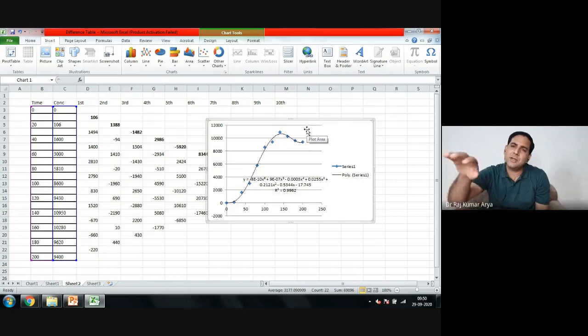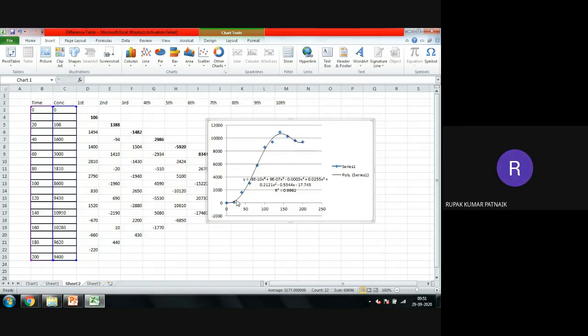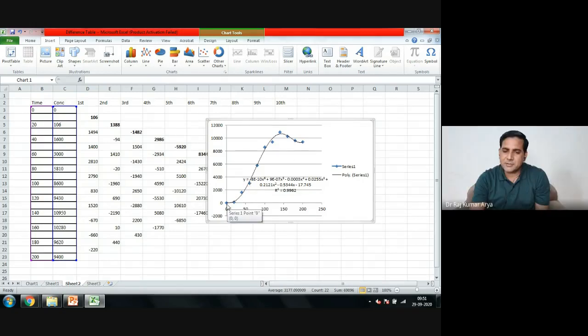So extrapolation and interpolation always have a question mark because you are considering the same trend line to continue. But that may or may not be possible. Same thing here also. If you want to create this line, it would extend this side only, horizontal type of thing, which may or may not be true.